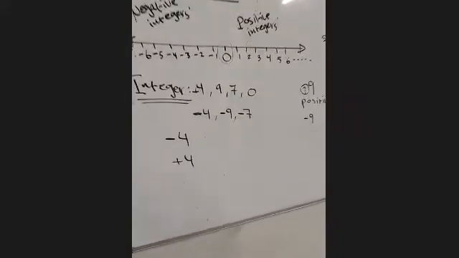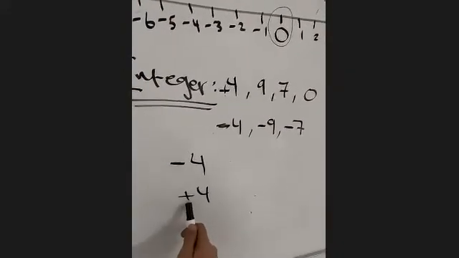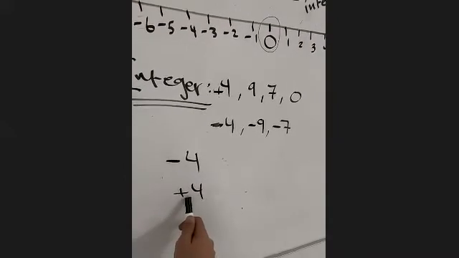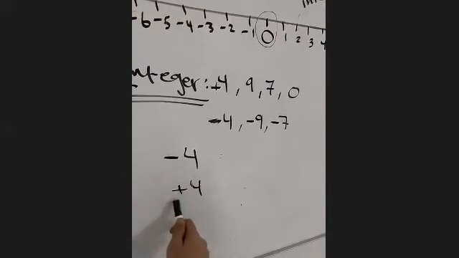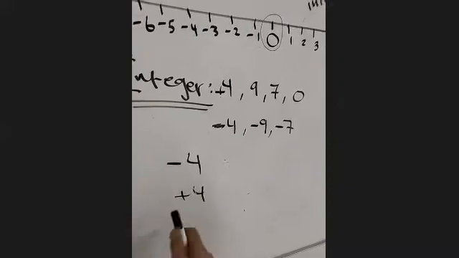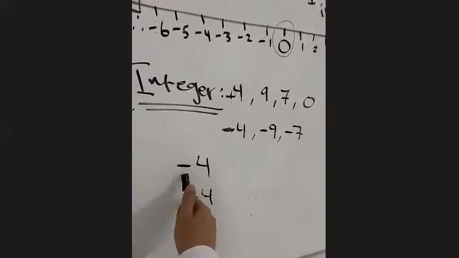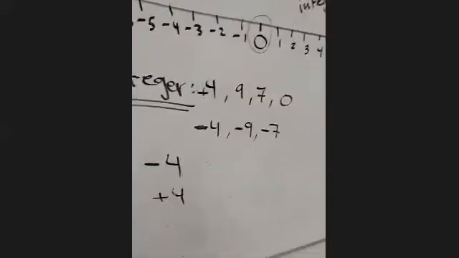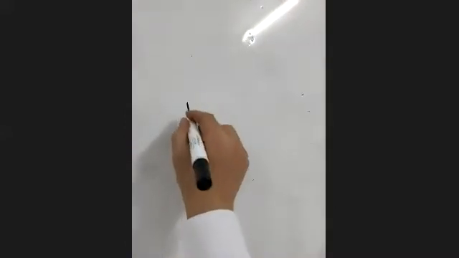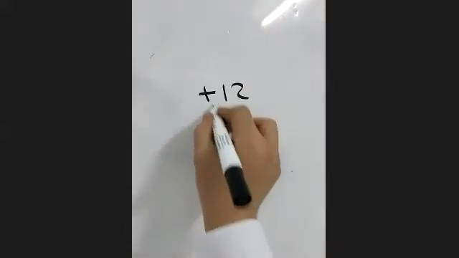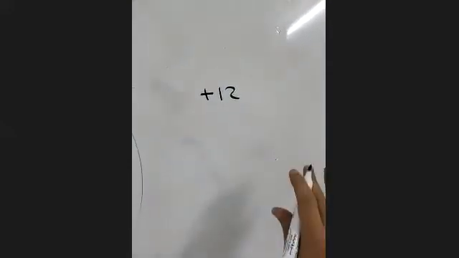Again, guys, the positive sign, it's okay if you don't write it. But the negative sign, you should write. When I say write the number positive 12, you can write 12 like this, it's positive, or you can write plus 12, positive 12.